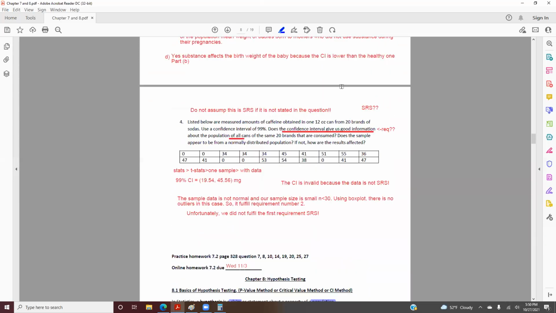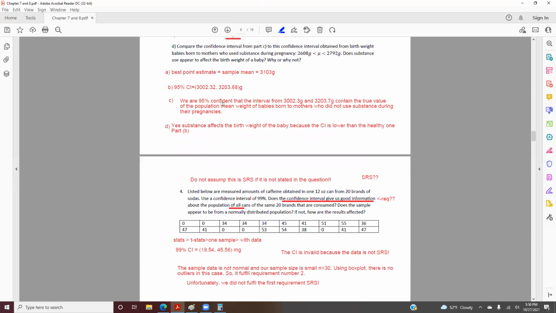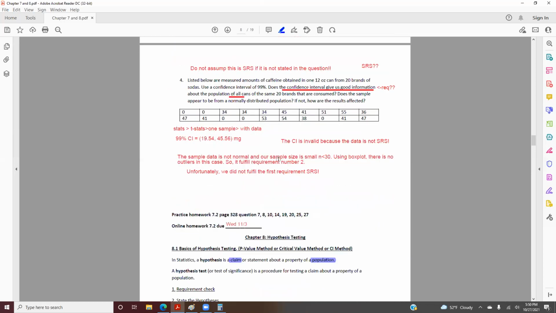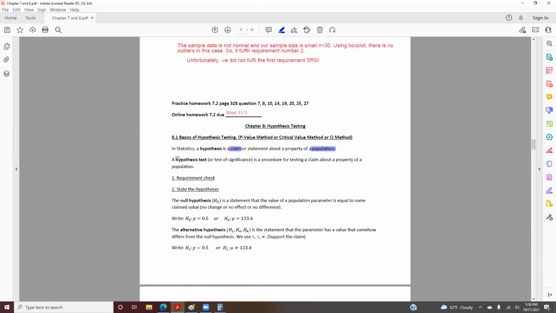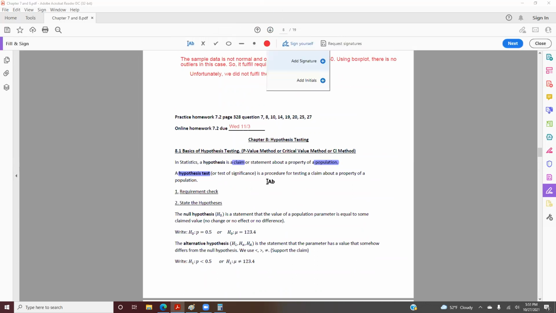Same thing happens when you write your confidence interval here. You always base it on the population case, right? When we perform a hypothesis testing, this is a procedure. Actually, this is a 6 steps procedure. Yes, we have to go through all 6 steps of this.